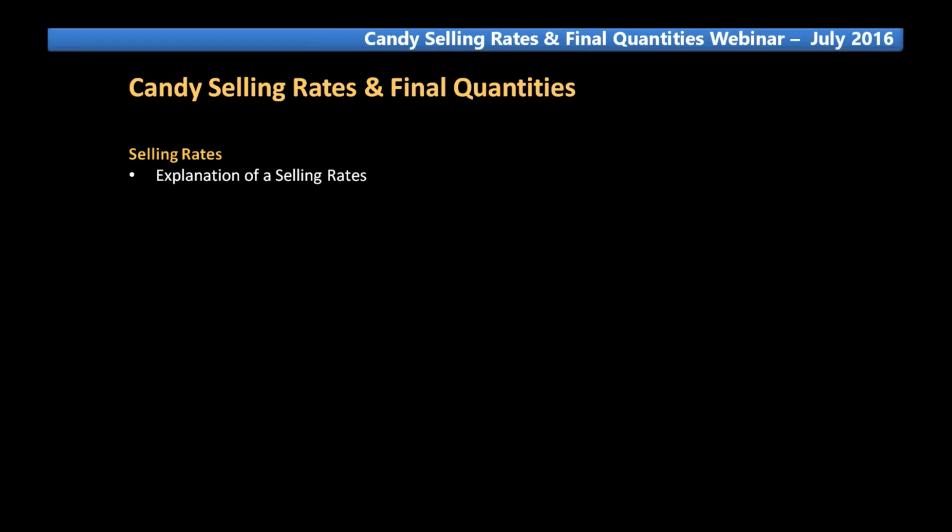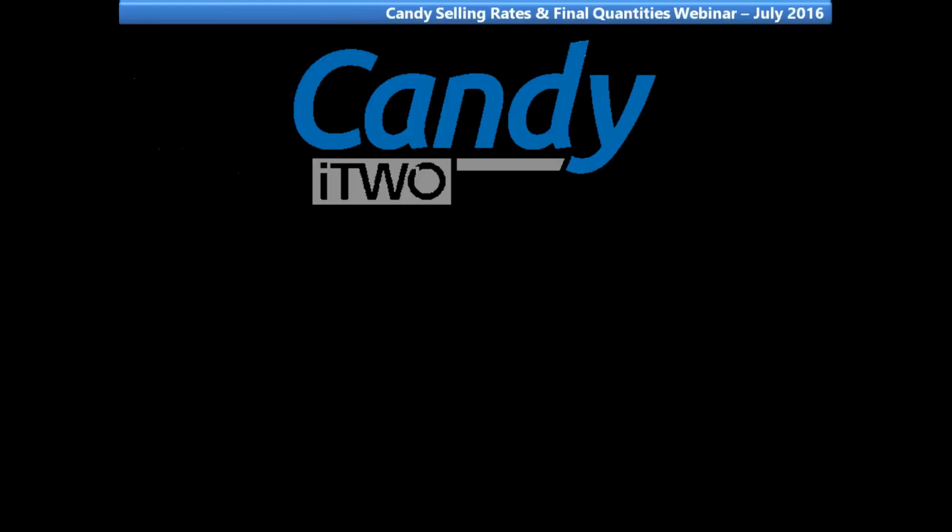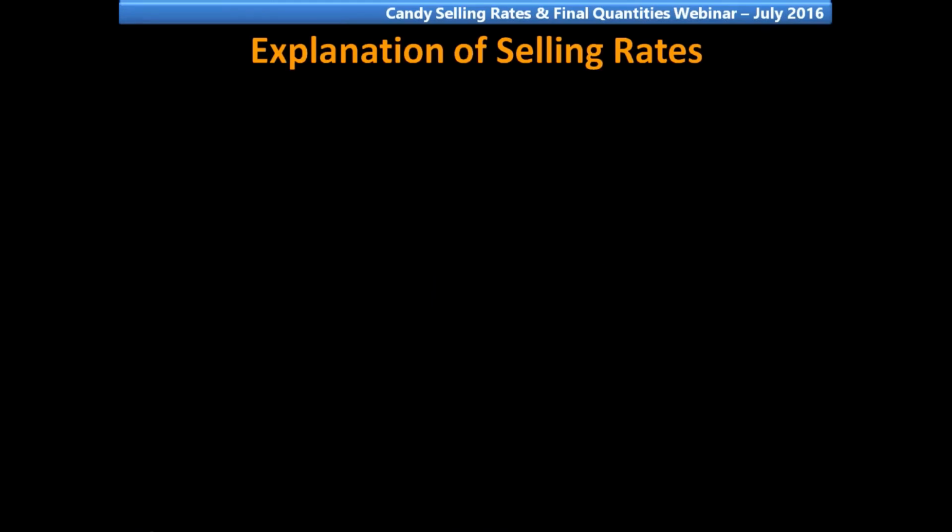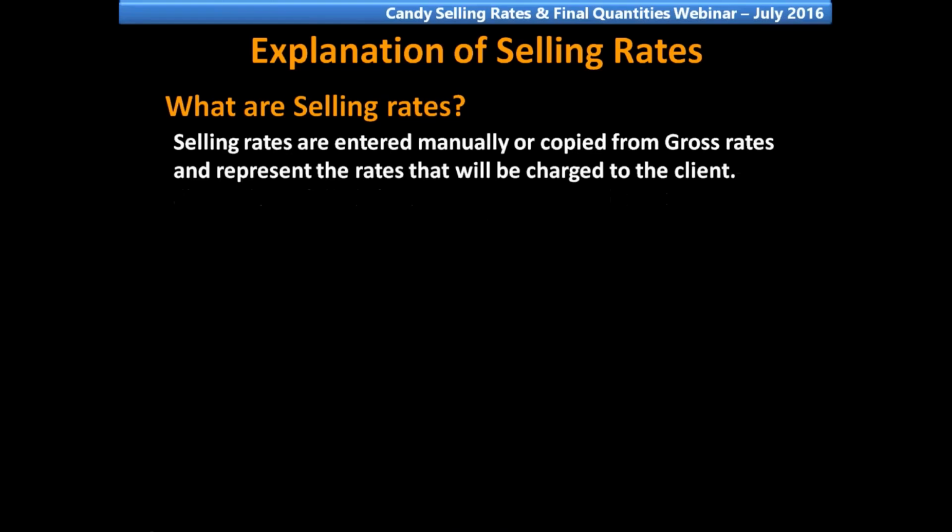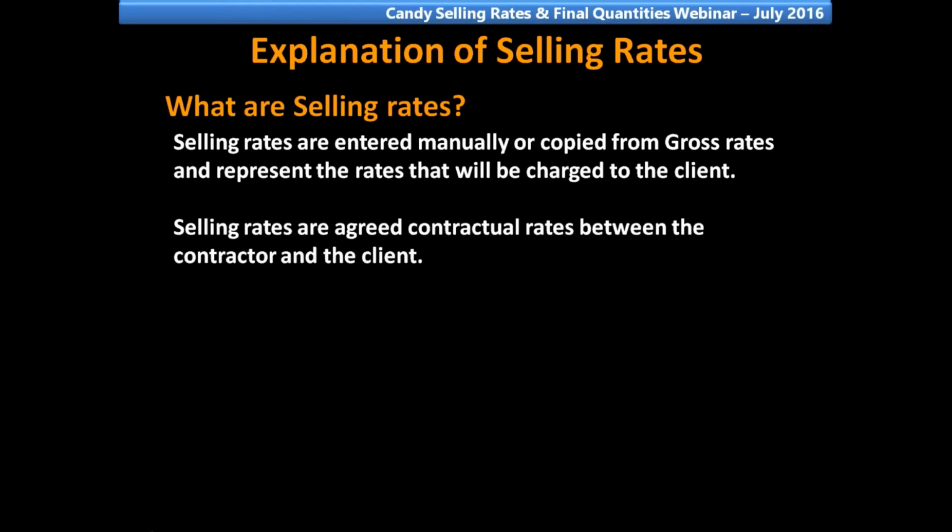Explanation of a selling rate. What is or what are selling rates? Selling rates are entered manually or copied from gross rates and represent the rates that will be charged to the client.